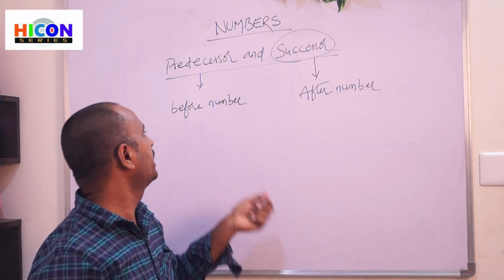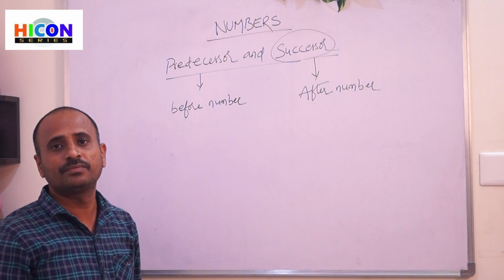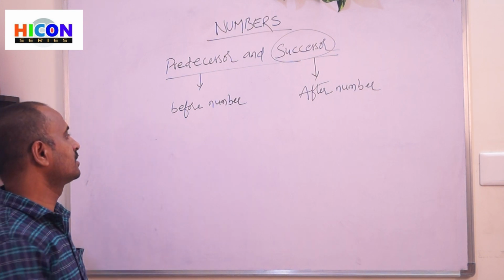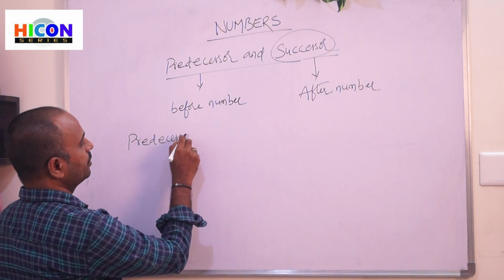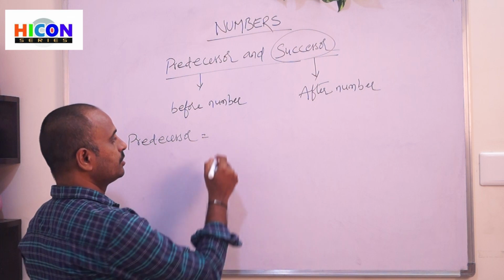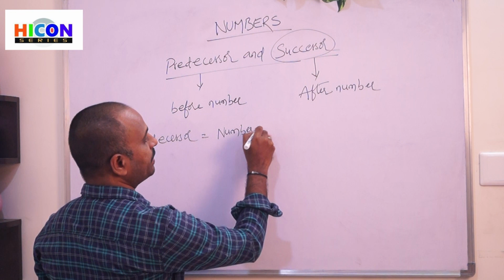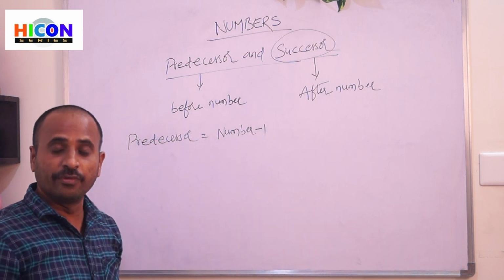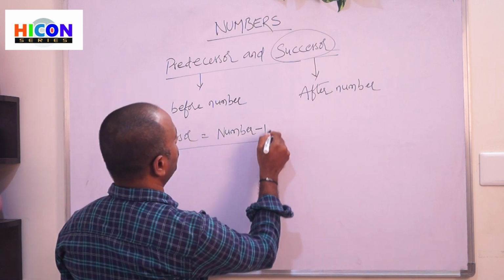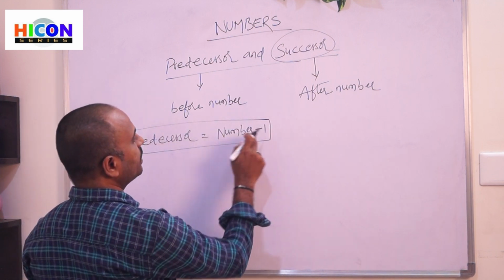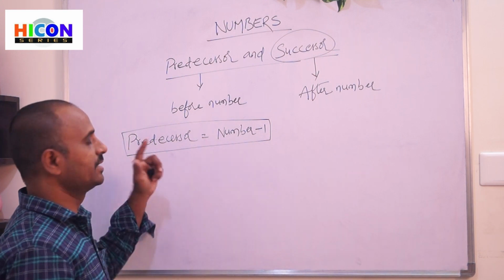So how can we obtain predecessor and how can we obtain successor for a given number? You have already learnt in 4th class that the predecessor can be obtained by subtracting 1 from the given number. That means predecessor is equal to number minus 1.